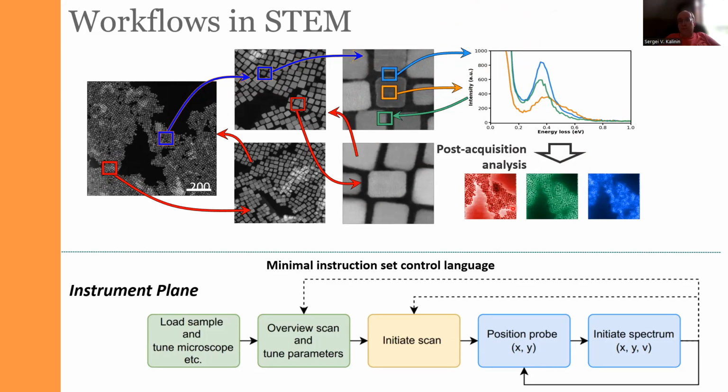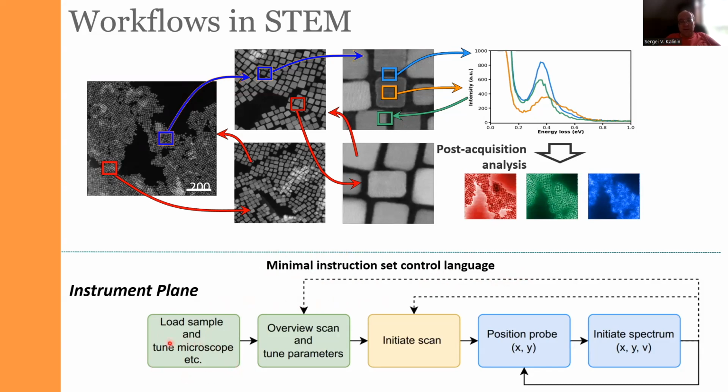So if we want to have automated microscopes, what do we have to do? Obviously, it requires two components. Component number one is the capability to issue the commands to the microscope to perform certain operations. So the machine learning agent should be able to, so probably it's not going to be able to load samples, at least initially.